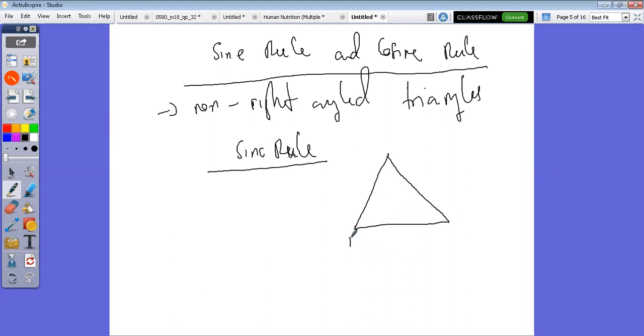So if I have this as A, B, C, I can do it in any way so that you don't have to memorize this.